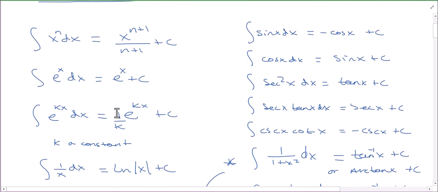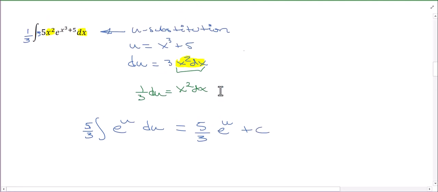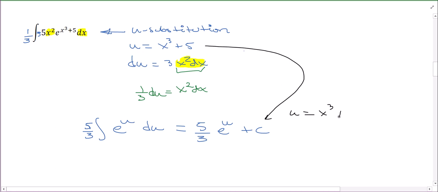The variable is different, but it's the same concept. So I know the integral of e to the u is e to the u. So I have my constants 5/3 e to the u, and it's an indefinite integral, so plus c. And now use your substitution to go back to x's. Our substitution is u equals x cubed plus 5. So our final answer will be 5/3 e to the x cubed plus 5, plus c.